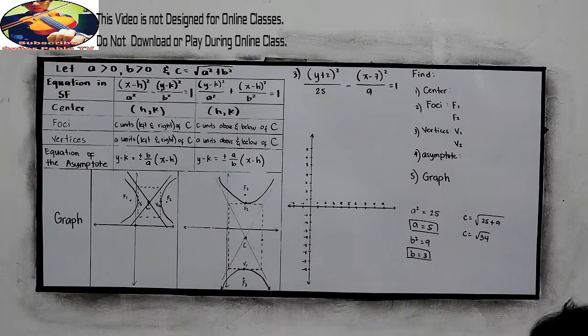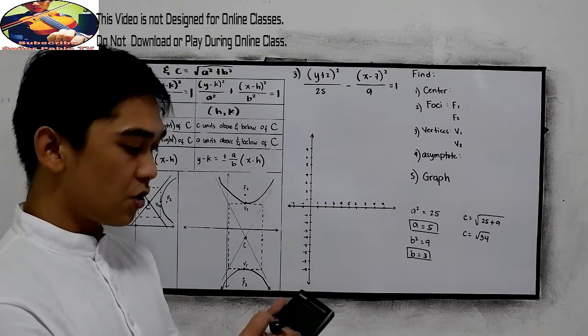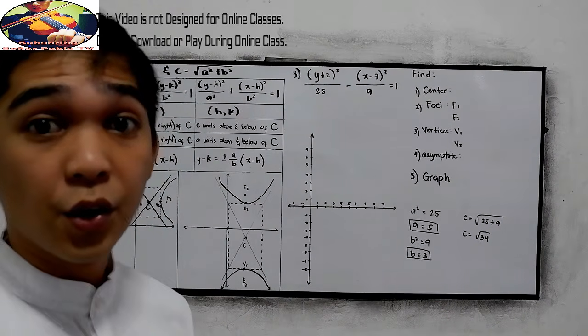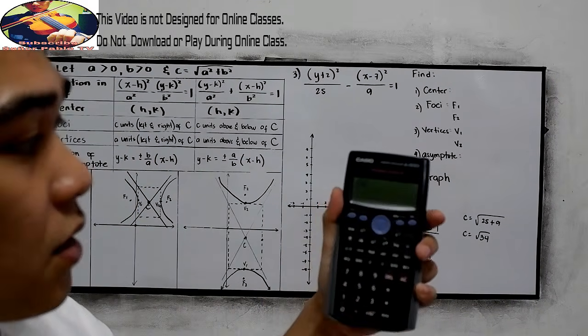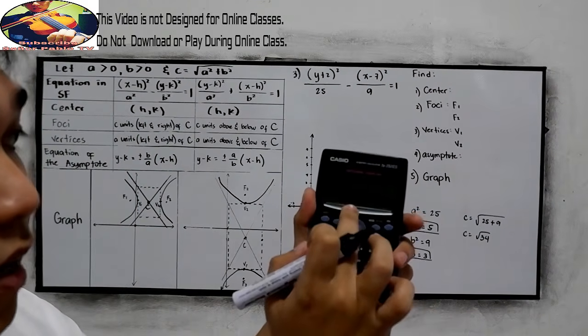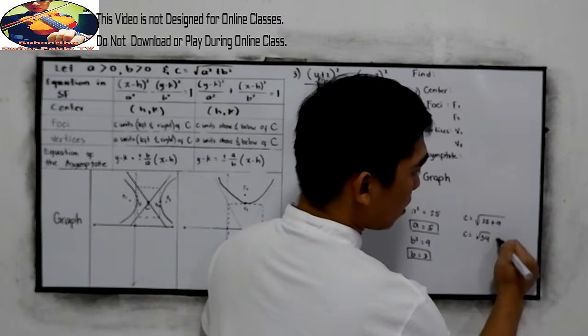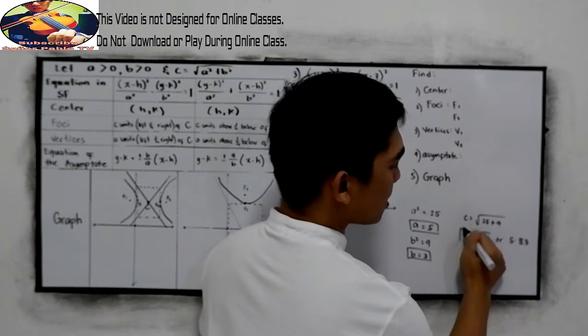Notice that 34 is not a perfect square number. So we're going to find the decimal of the square root of 34. To find that, you can use the calculator. Square root of 34, in decimal, is 5.83. This is our c now.